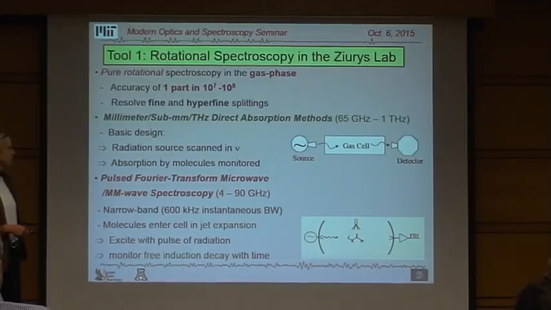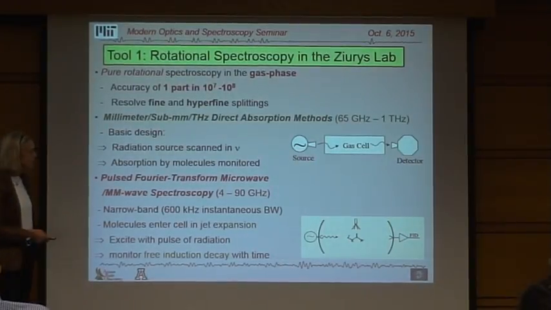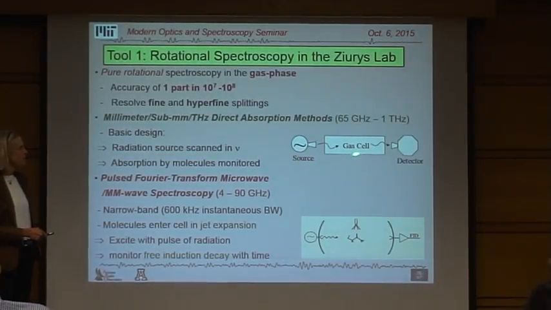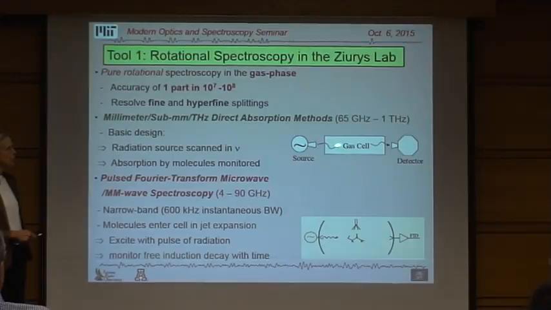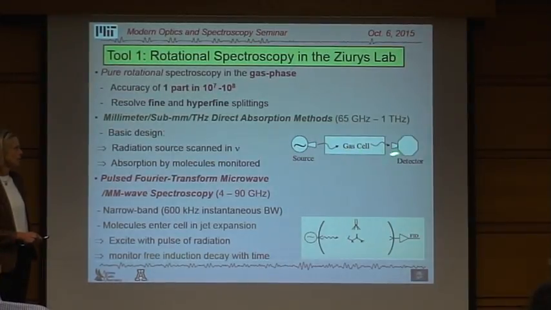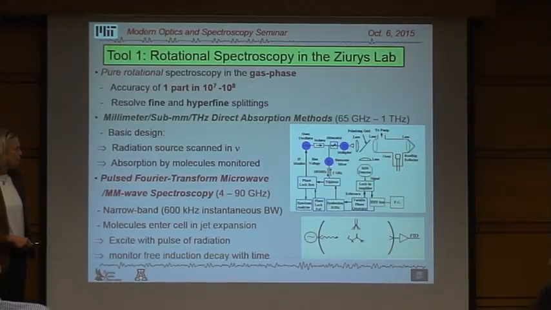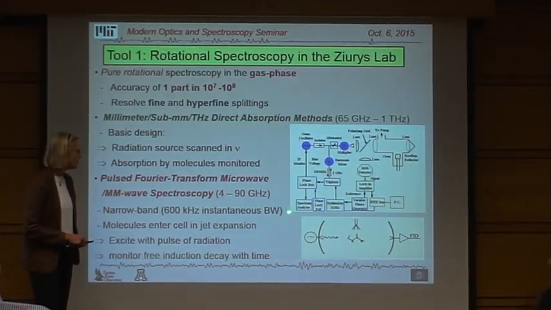And this is a pretty basic design in concept. You have some gas cell where you make a molecule of interest, you shine radiation through, scan in frequency, and monitor for absorption by the molecules when there's a molecular resonance, with some kind of detector. Of course, in practice, they're a lot more complicated.